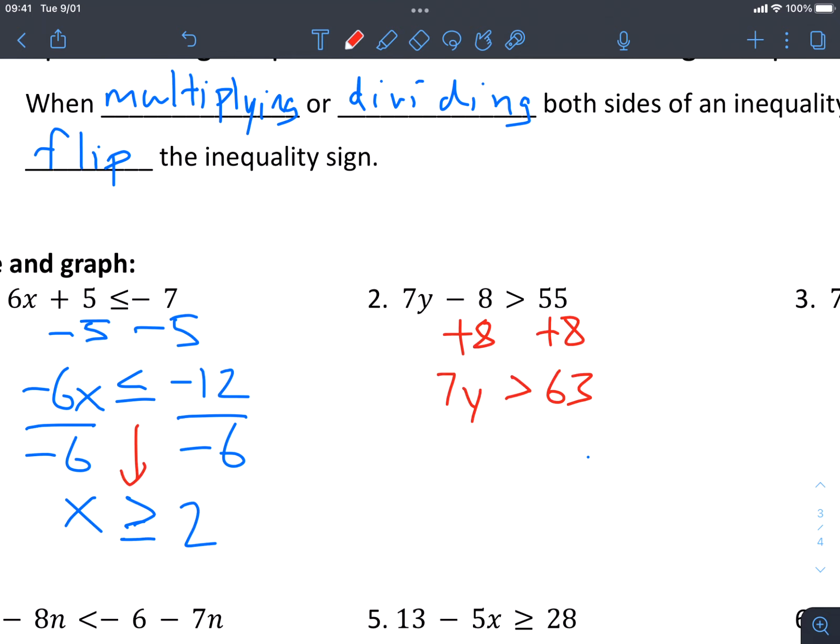I'm now going to divide on both sides by 7. And the 7s cancel each other out, so I'm just left with y. And my symbol doesn't change because it was positive. And 63 divided by 7 is 9. And that's it.